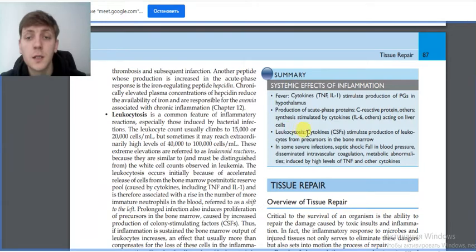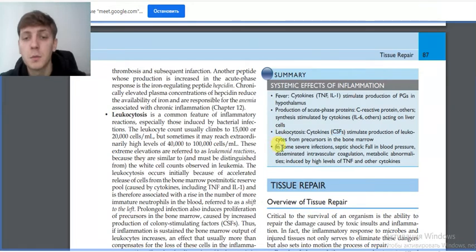Then leukocytosis: cytokines like interleukin 1 and TNF stimulate the synthesis of colony stimulating factors in the bone marrow, and it promotes the formation of more leukocytes, or at least precursors of leukocytes, in the bone marrow.